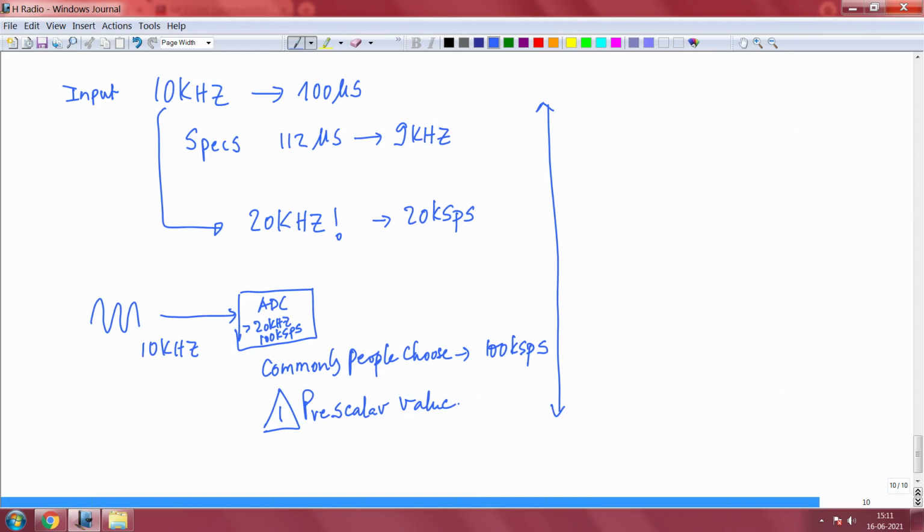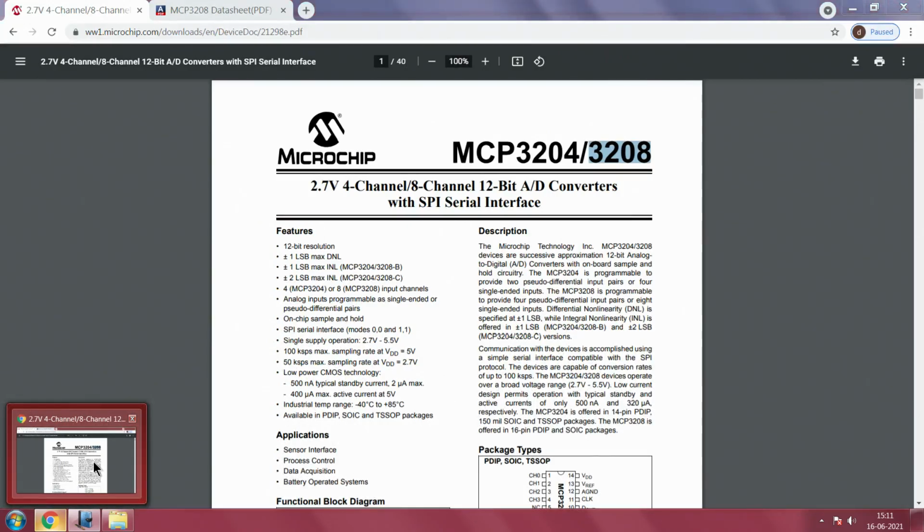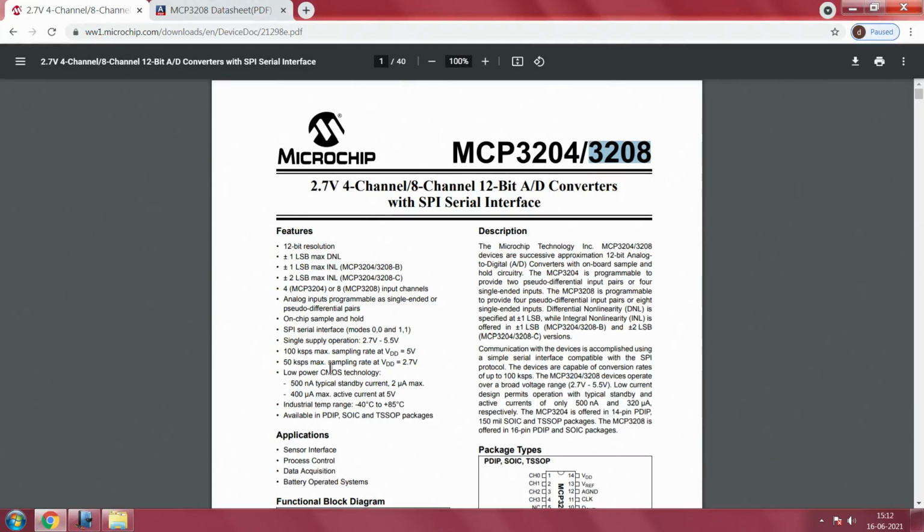I will keep ejecting and coming back so that we connect everything about the data sheet. So now let us see this. The maximum sampling rate is 100 kSPS. That means a 10 kilohertz signal can beautifully get sampled, no problem at all, because you are sampling at 10x.